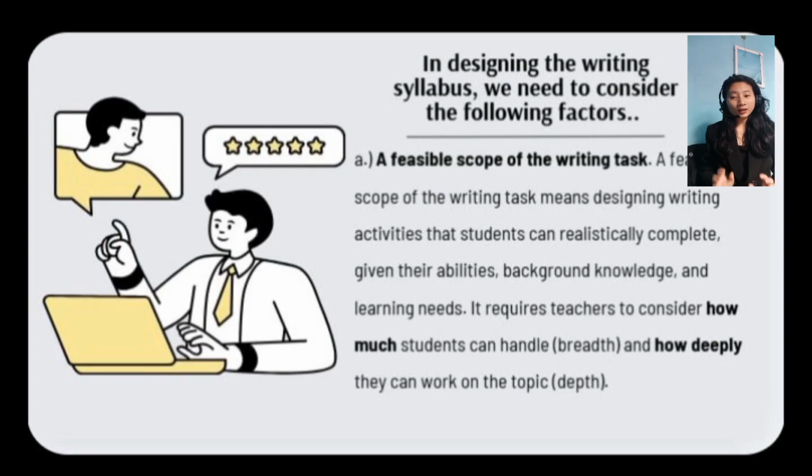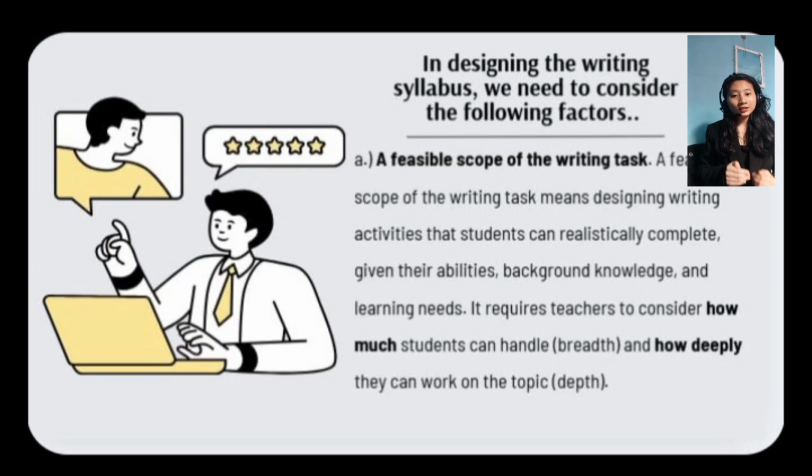They can accomplish it because it is within their skills and ability. And for advanced level, the teacher gives an advanced writing task, for example a full essay. They can do it because it is for their level.